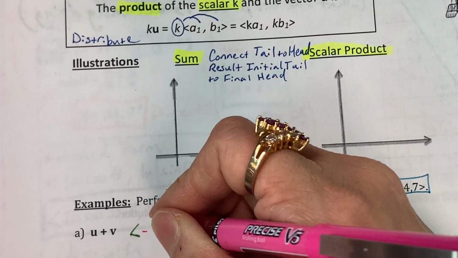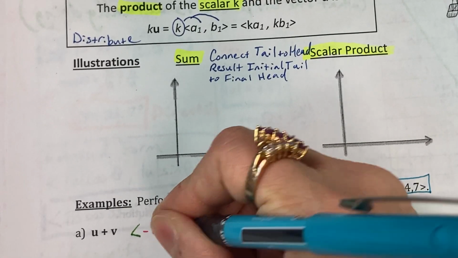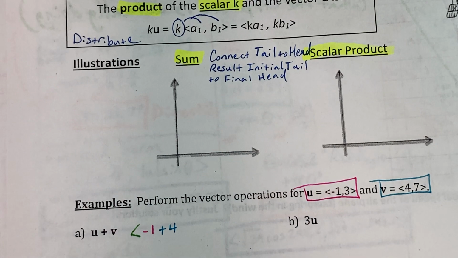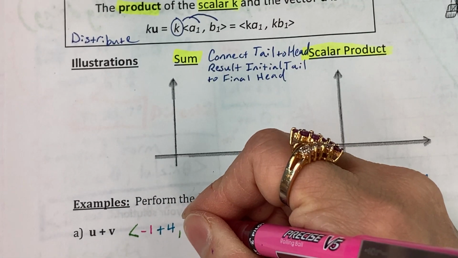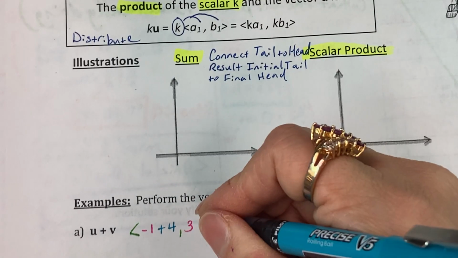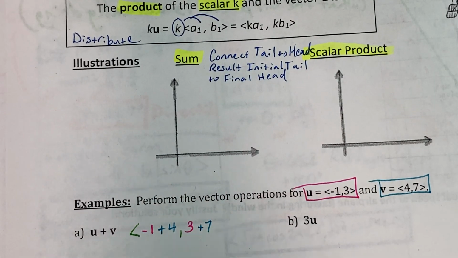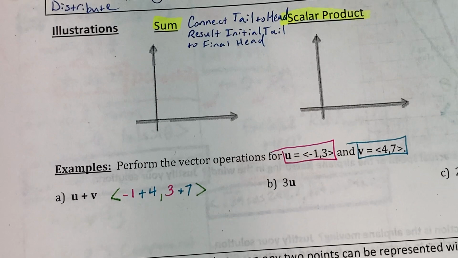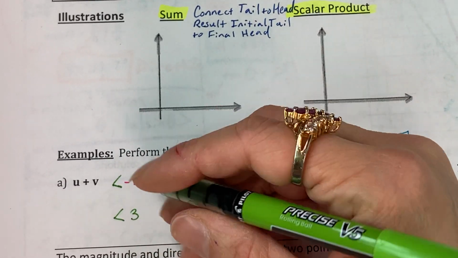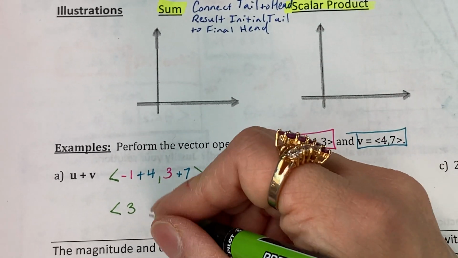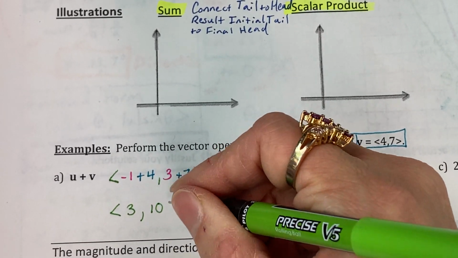So A component from the first vector plus A component from the second vector, and then B component of my first vector plus the B component of my second vector. And so that gives me, for my final component form, or the resultant vector, 3, 10.